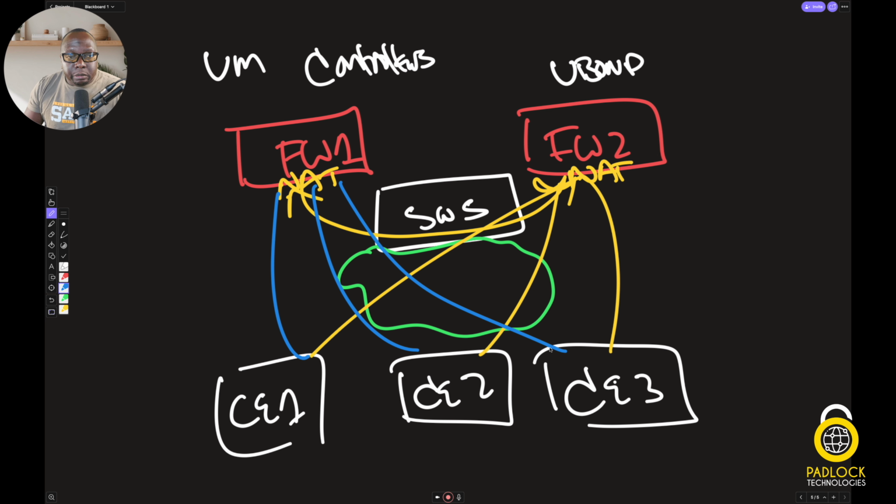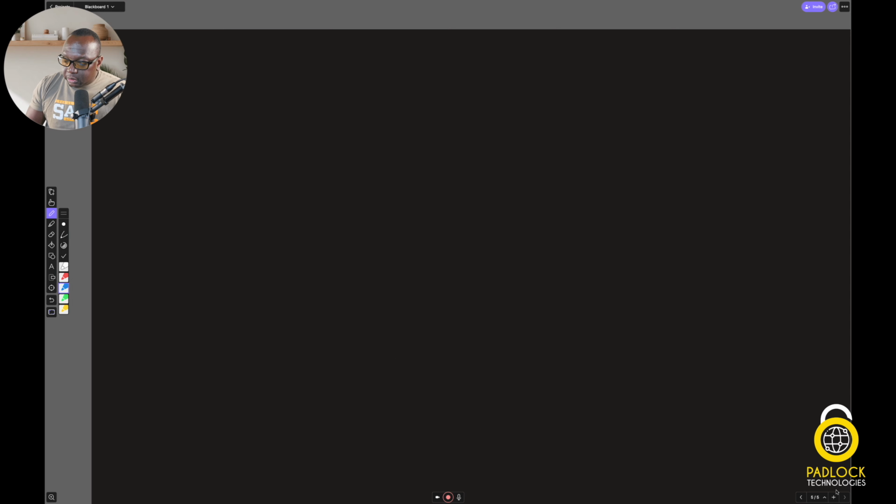Now, why would you even implement SD-WAN in the first place? Well, first things first, you are removing, it's now one control plane, one CP, and one management plane, right? There are going to be multiple data planes because of the cEdges, but it's one CP, one MP.